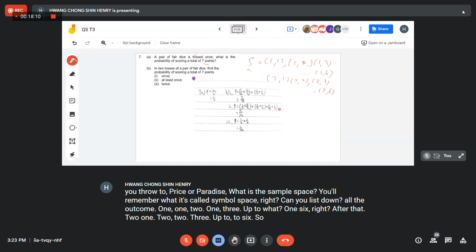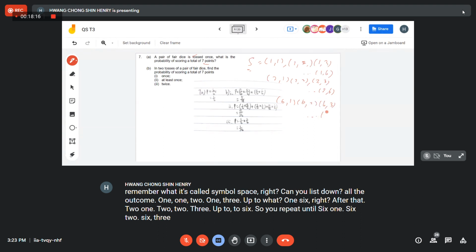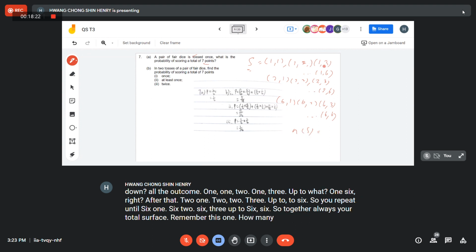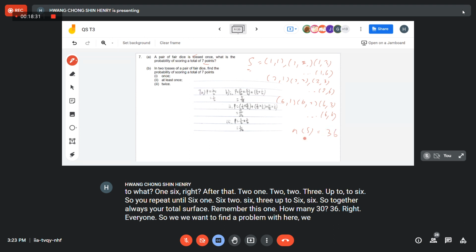So you repeat until 6,1, 6,2, 6,3, up to 6,6. So together, what is your total sample space? Remember this one? How many? 36, right, everyone? So when we want to find the probability, we must always divide by 36.